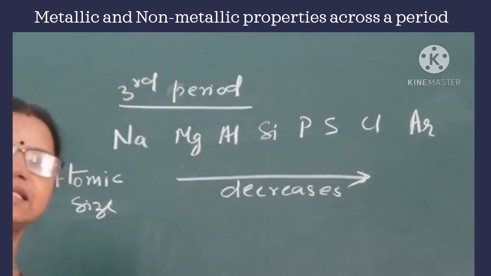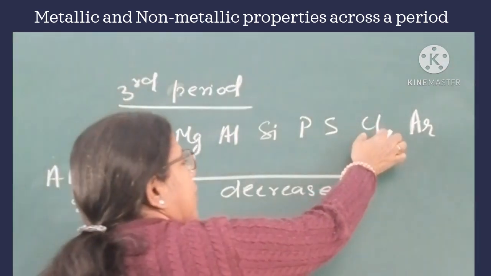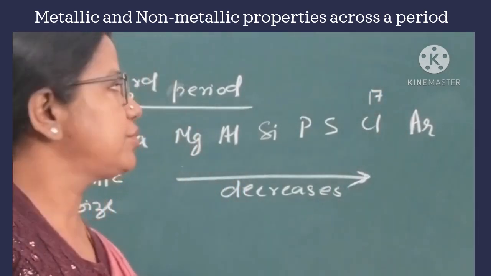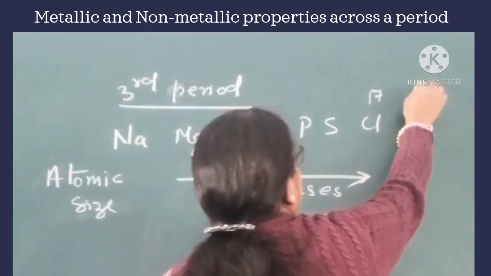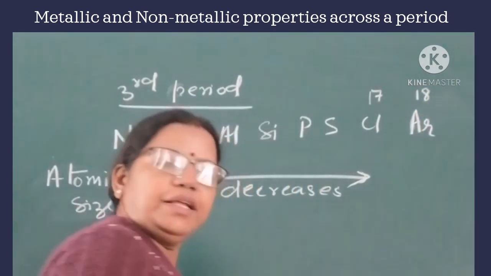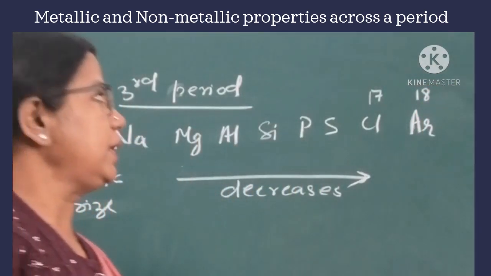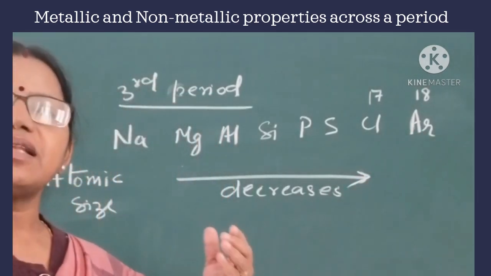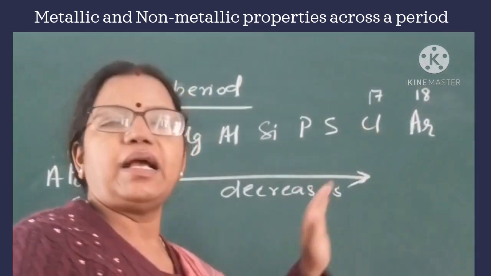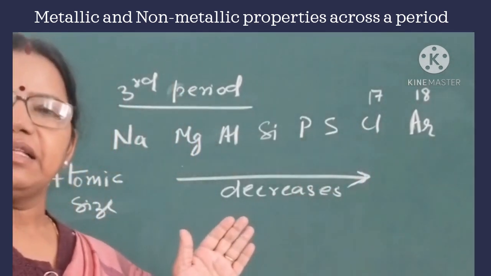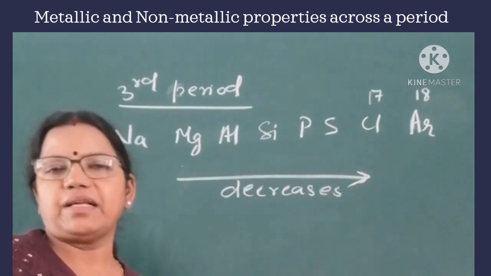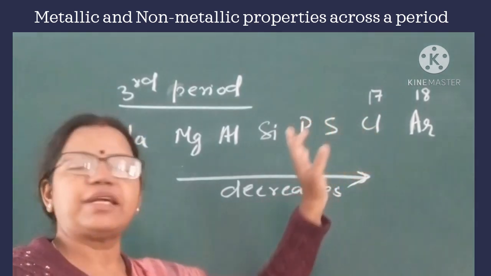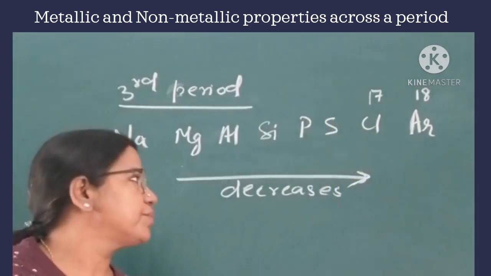For your knowledge, let me explain here: fluorine, chlorine, bromine are halogens, they belong to the 17th group, whereas inert gases are in the 18th group. All the elements of the 18th group have atomic size slightly bigger than the halogens because of the stability of the inert gases. So on this slide, inert gases are bigger than the halogens.